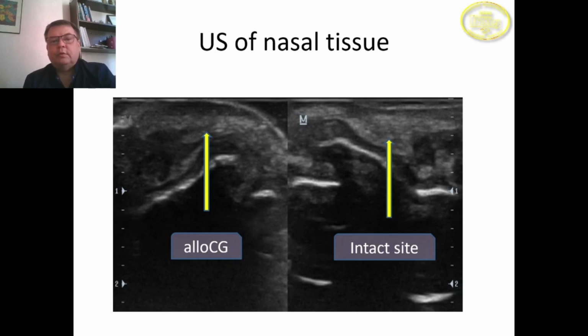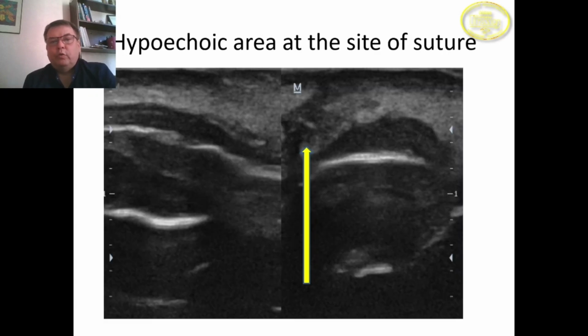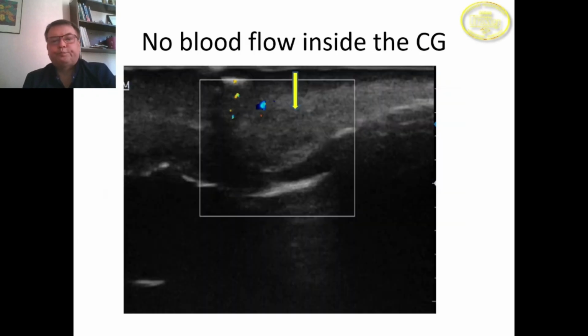No significant deformity or size loss is present. A hypoechoic area at the site of the surgical suture is seen, but we compare it with the native cartilage mass presenting homogeneous echoicity and clear border.